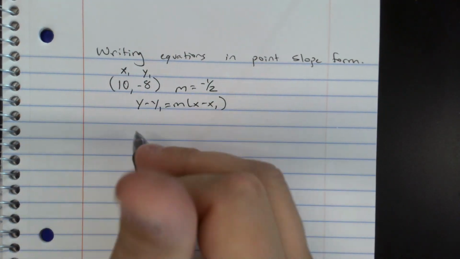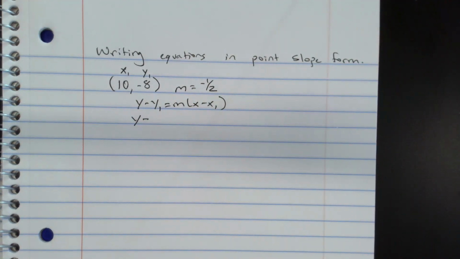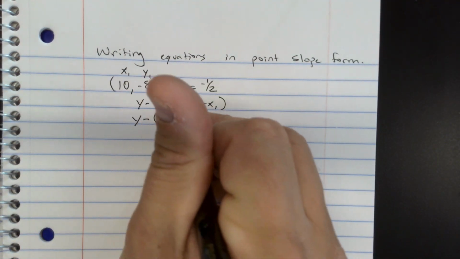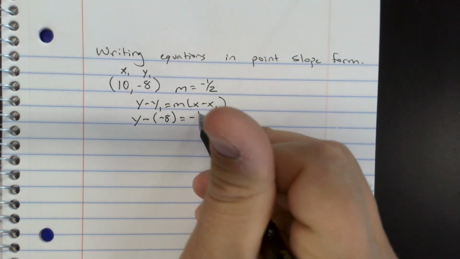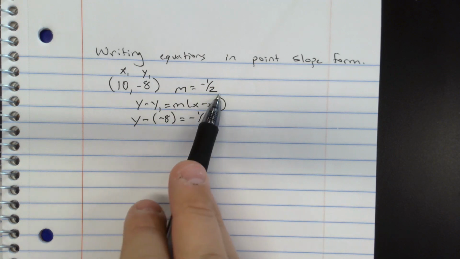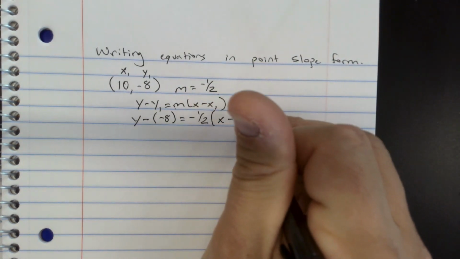So the way we're going to do it is we're going to go y minus. The minus is a part of the formula, so you can't just remove it. Y minus y1, which is negative 8, equals negative 1/2, which is the slope, which gets plugged in for m, times x minus 10.